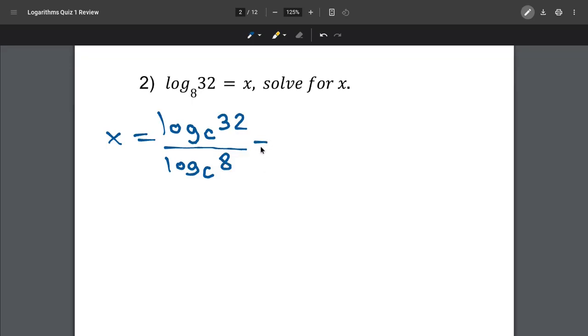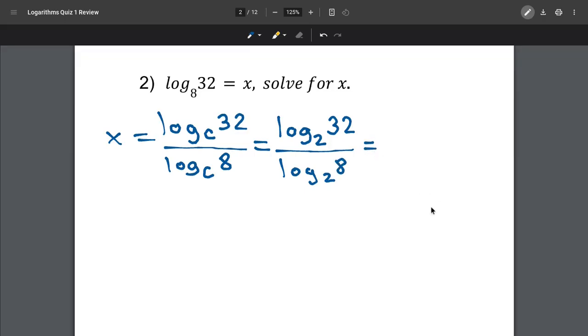Okay, so what should c be? Well, c should be some number that we can multiply by itself enough times to get 32 and 8. And that number happens to be 2. So we're going to do log with a base of 2 of 32 and log with the base of 2 of 8.